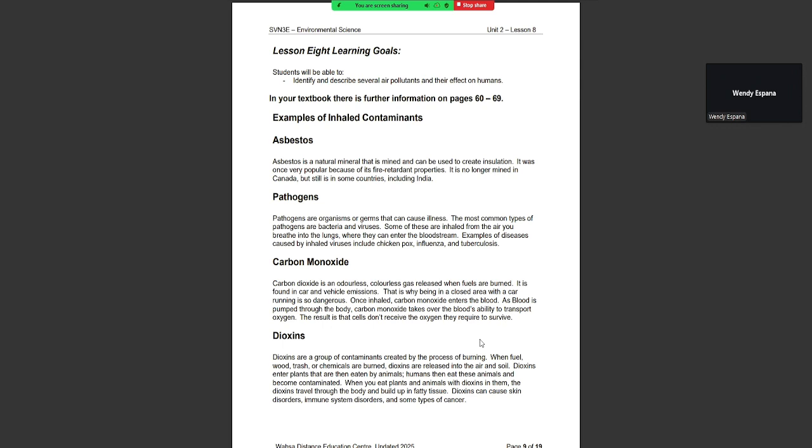The first one on the list is asbestos. Asbestos is a mineral that was mined and then used for insulation. It's been used in schools and homes and all sorts of places, especially before the 1990s.